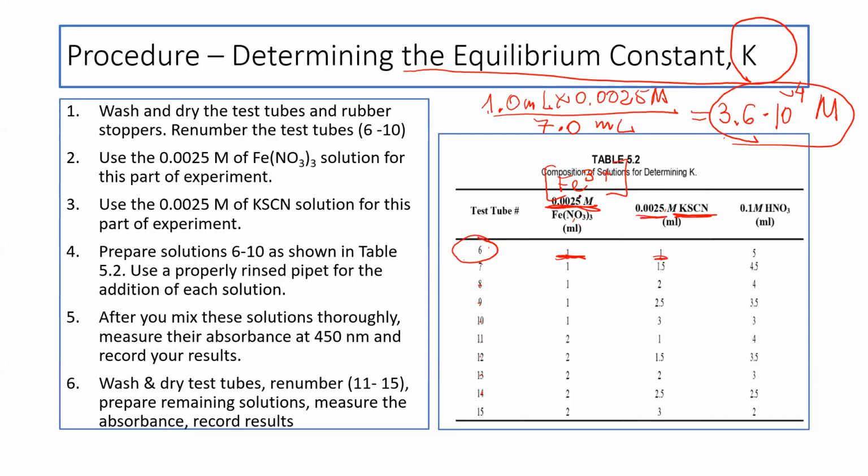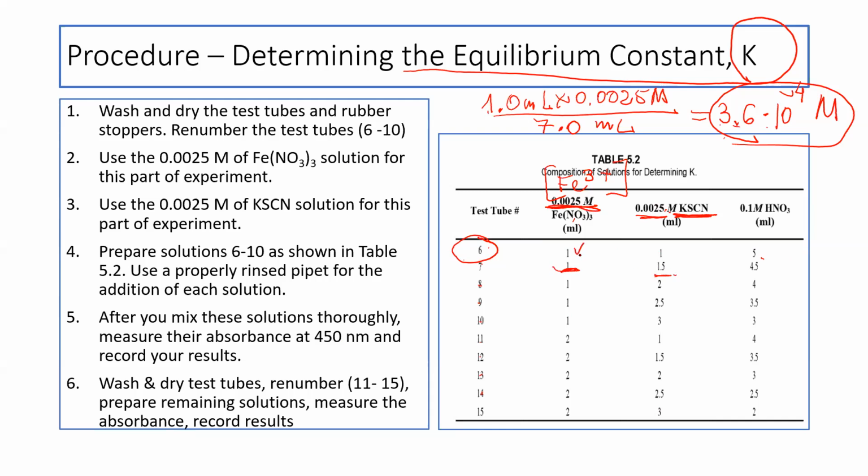We have the same concentrations of these both, and we also took 1 milliliter and diluted to 7 milliliters. So for the first test tube, which is number 6, it's going to be the same for both. But beginning from test tube number 7, it's going to be different because here you take 1, here you take 1.5.